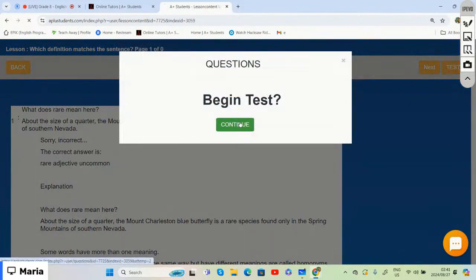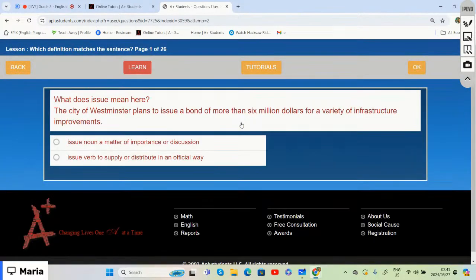All right, let's go to our test. It says, what does issue mean here? Issue. The city of Westminster plans to issue a bond of more than $6 million for a variety of infrastructure improvements.